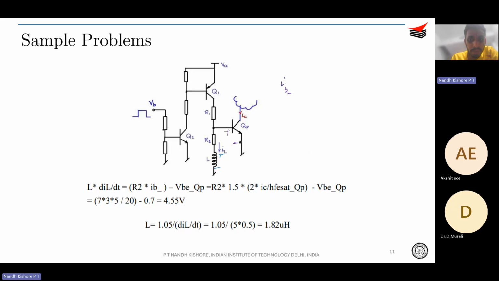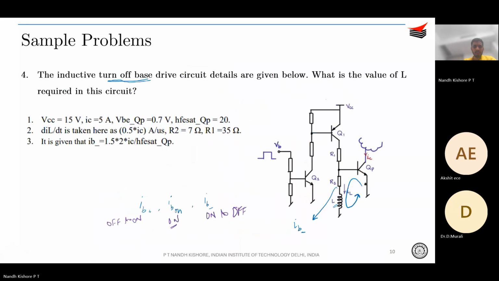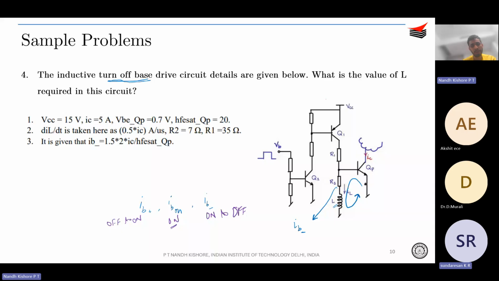And you know that IB minus is generally kept as 1.5 times IB on. So 1.5 times 2 IC by beta, right? They have also given in the problem that IB minus is 1.5 into 2 into IC by HFE set.